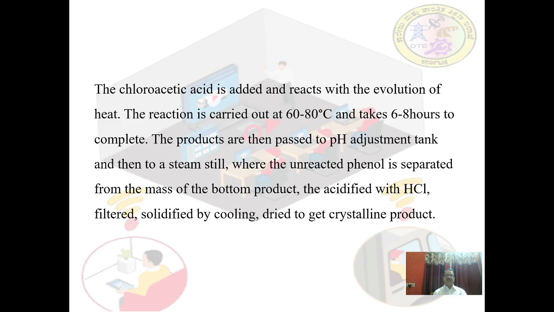The reaction is carried out at a temperature range of 60 to 80 degrees Celsius and takes 6 to 8 hours to complete. The products are then passed to a pH adjustment tank and then to a steam still where the unreacted phenol is separated from the mass at the bottom of the reactor.